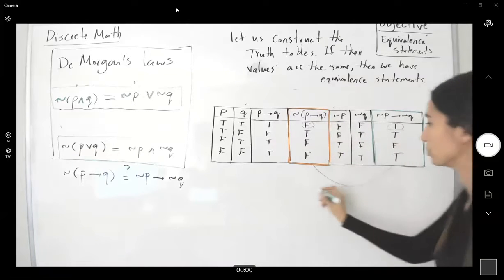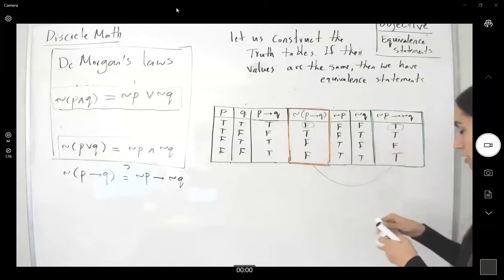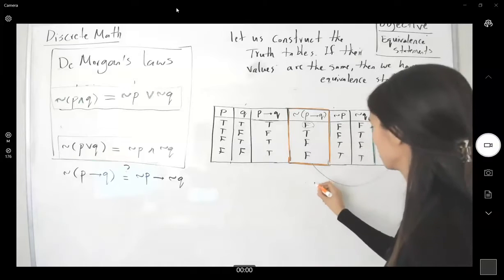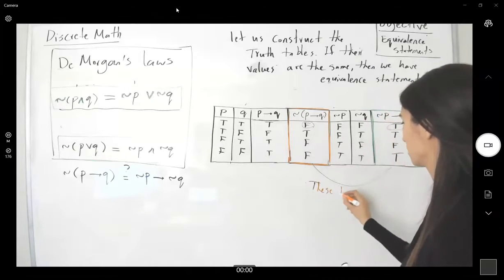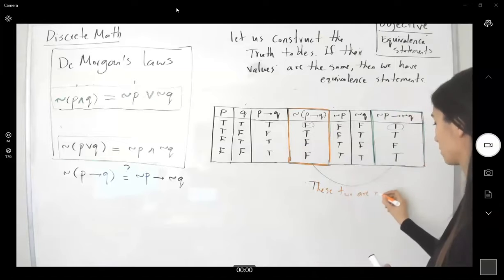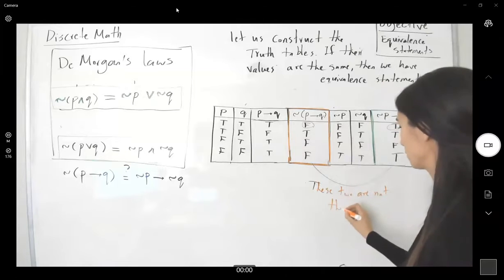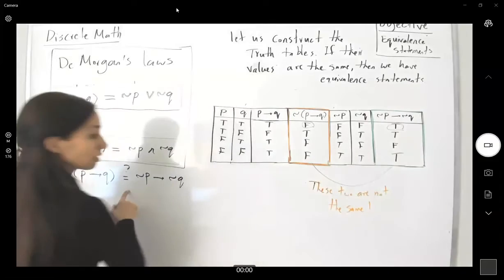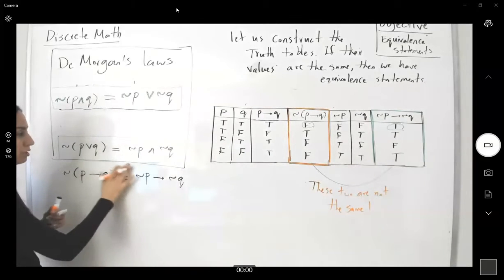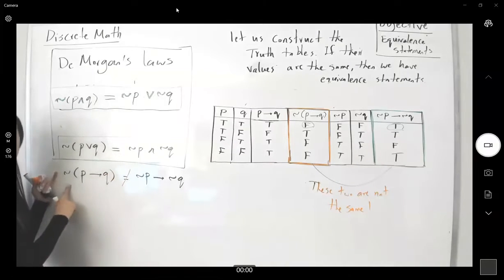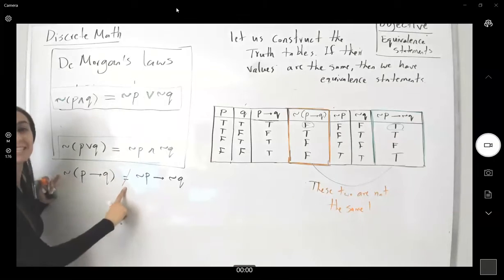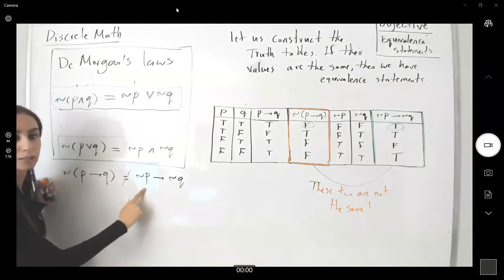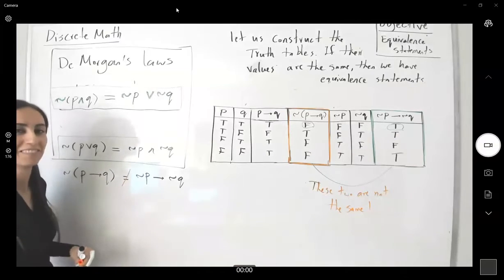So these two are not the same. So it means that they are not equal to each other. So the negation of P then Q is not P then not Q.